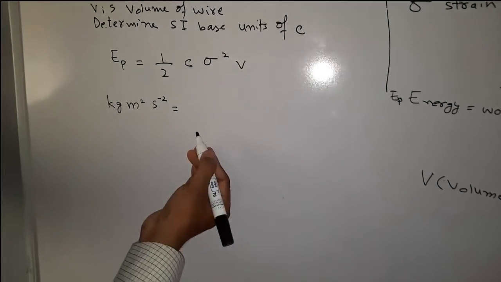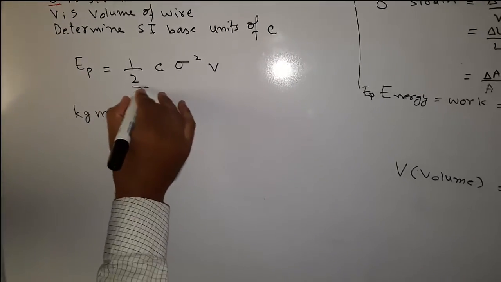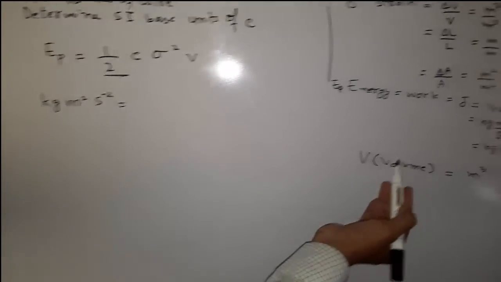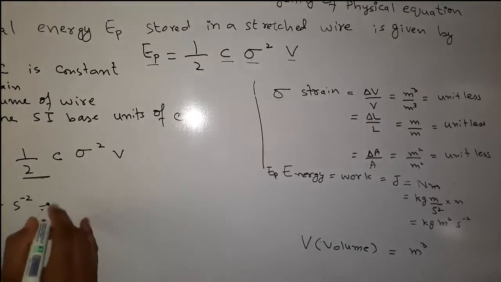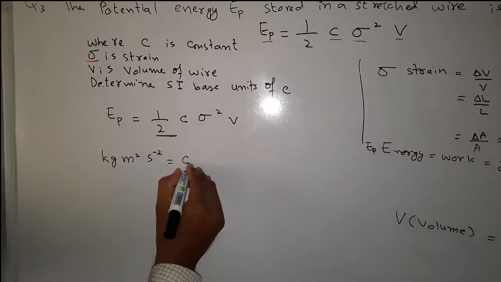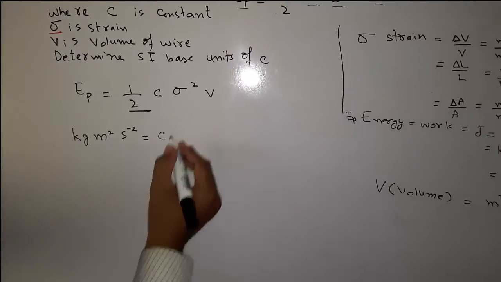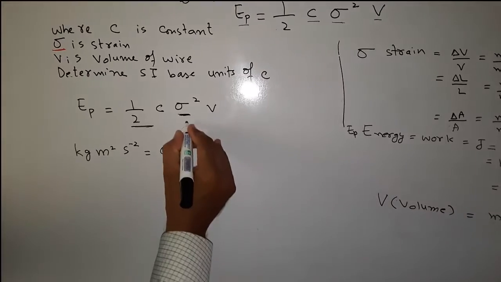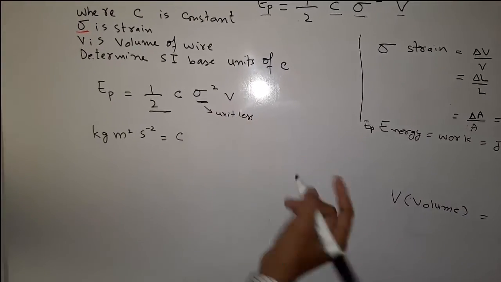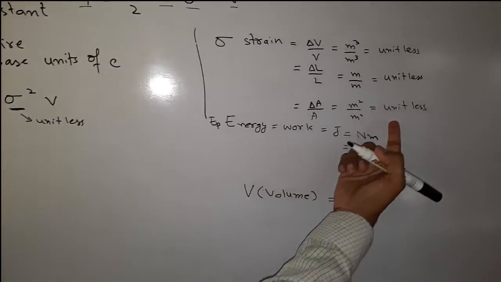Half is unitless, so no need to write it. So move towards C. We need to determine the SI base unit of C, so it will be on the right side. Sigma is also unitless, so no need to write it. Sigma is unitless, that we have proved.